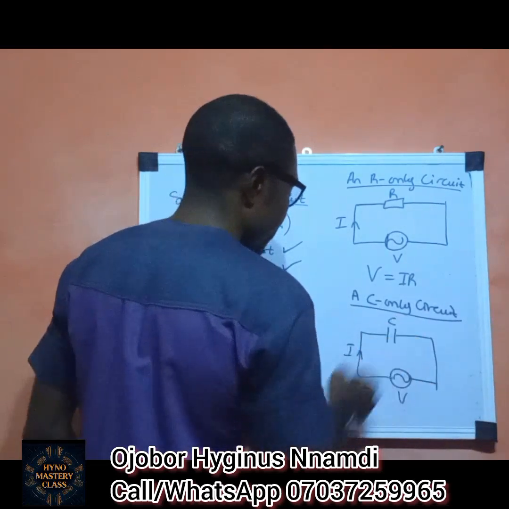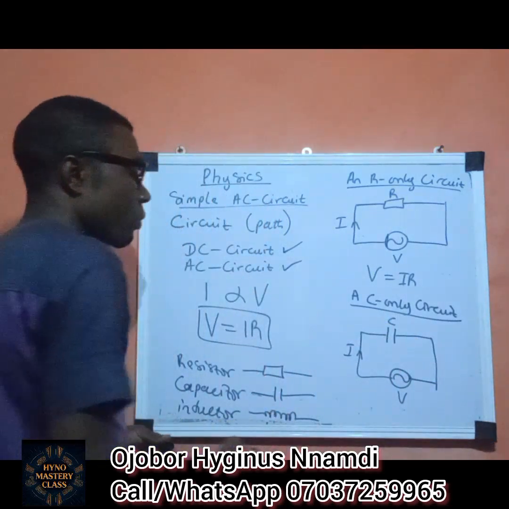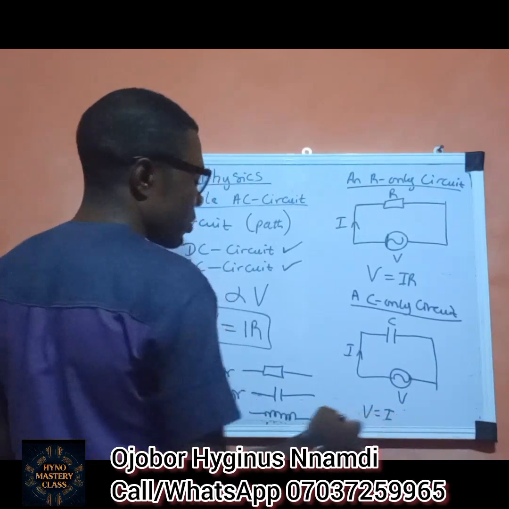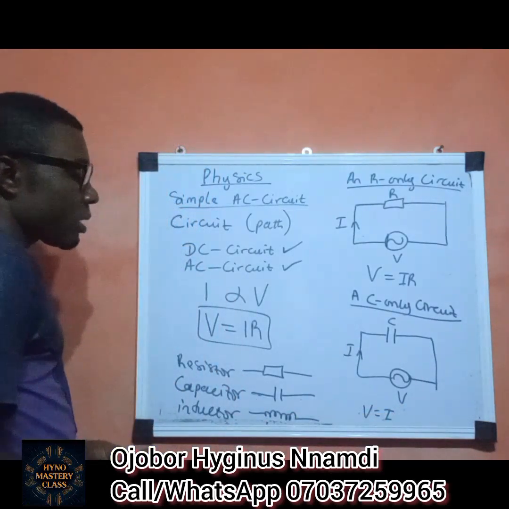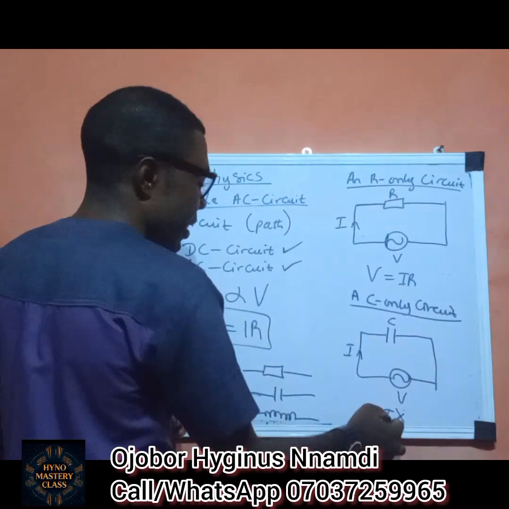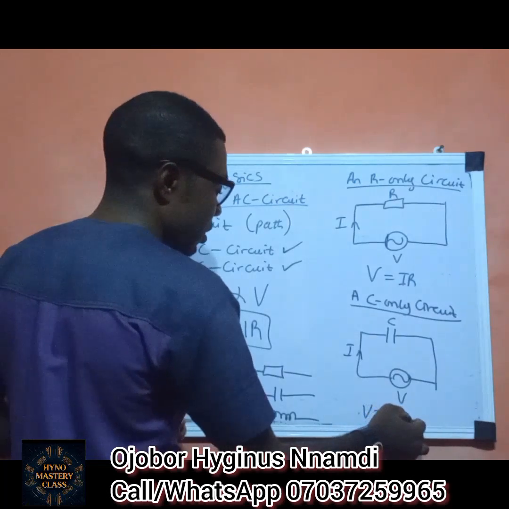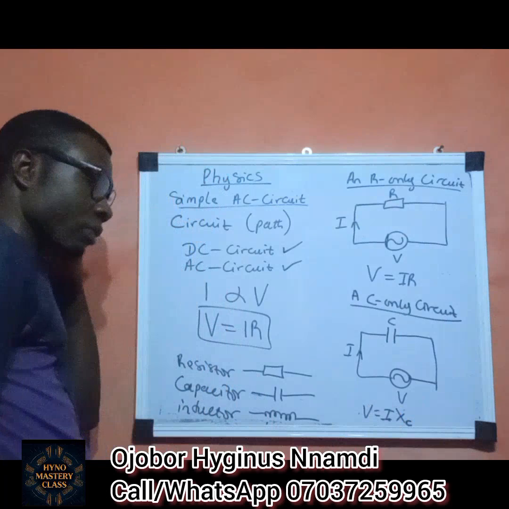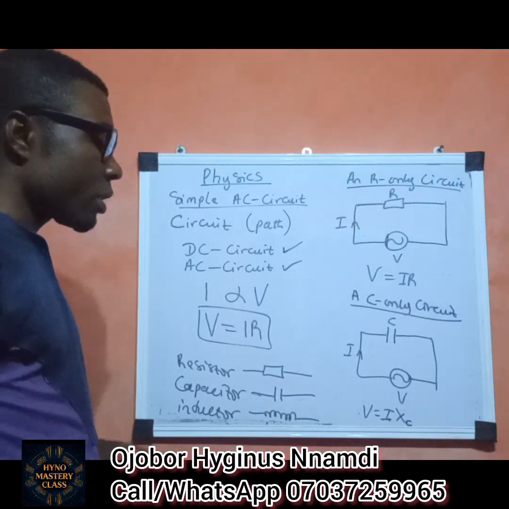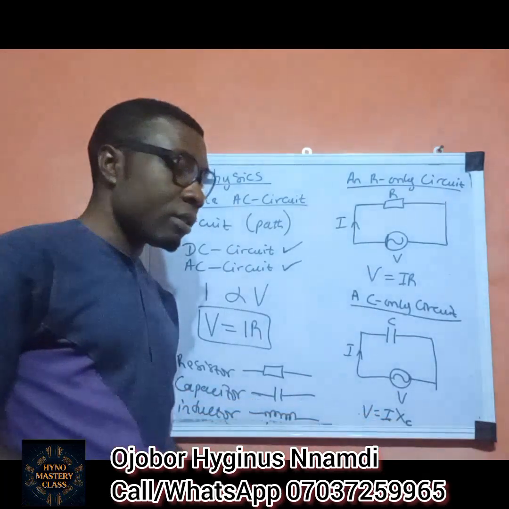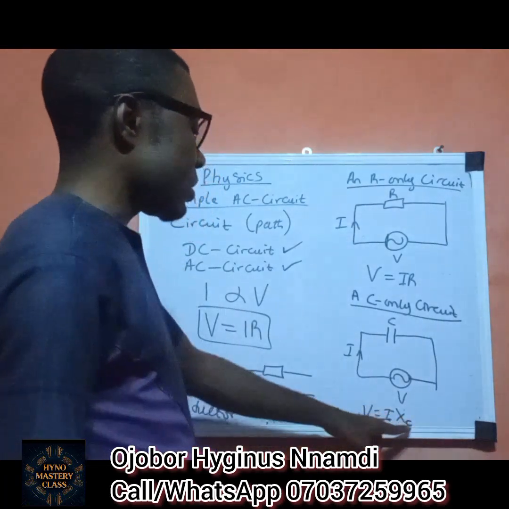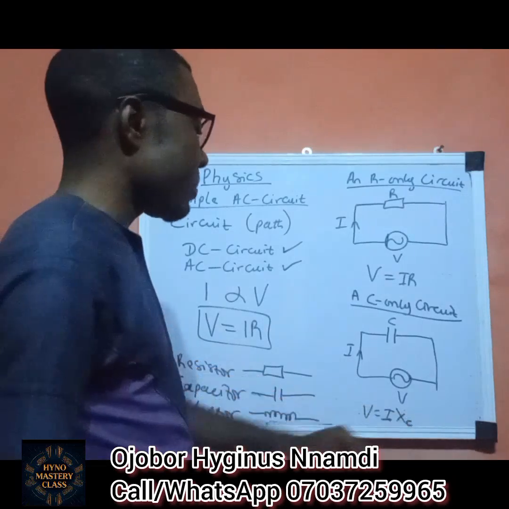Now, by Ohm's law, V is equal to IR, but the resistance provided by a capacitor is not called R. It is called reactance. So V is equal to I X subscript C, to indicate that it is the reactance of a capacitor. I will explain better how this XC came about, but just note that V is equal to I XC, where XC is the resistance provided by a capacitor.